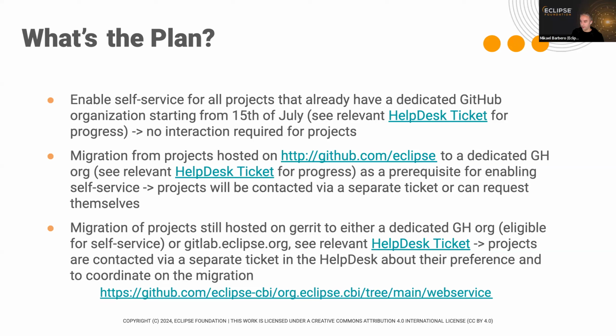And finally, the migration of projects that are still on Gerrit is also happening, moving either to GitHub and then becoming eligible for the self-service OtterDog, or to GitLab if they want. And likewise, exactly like for the split of the Eclipse shared organization, there will be communication with the project every single time to let them know and to let them choose whether they want to go to GitHub or GitLab.